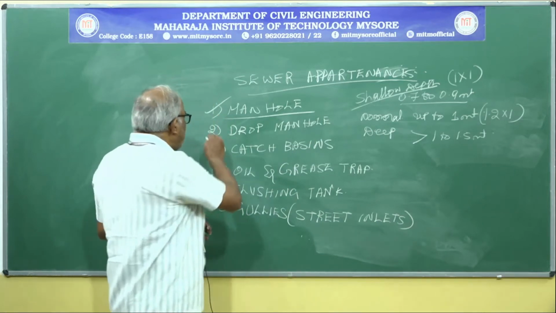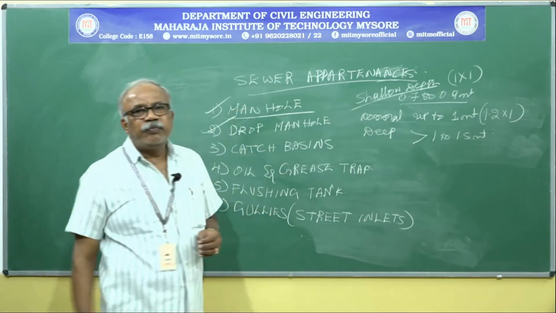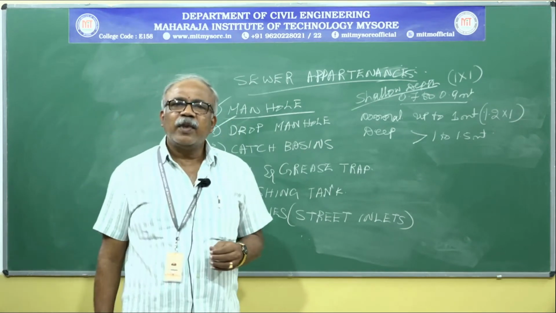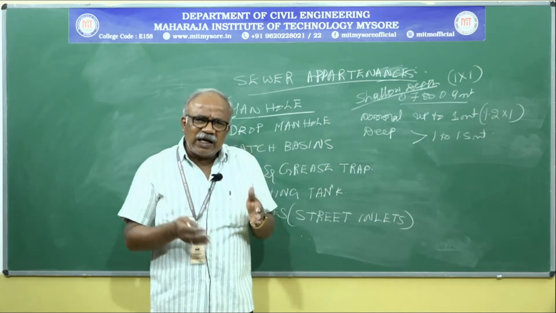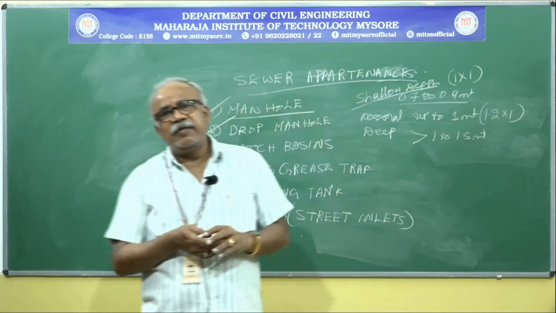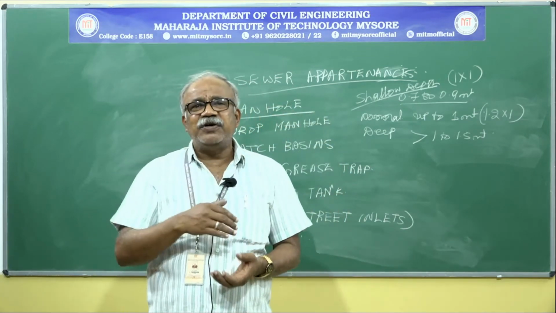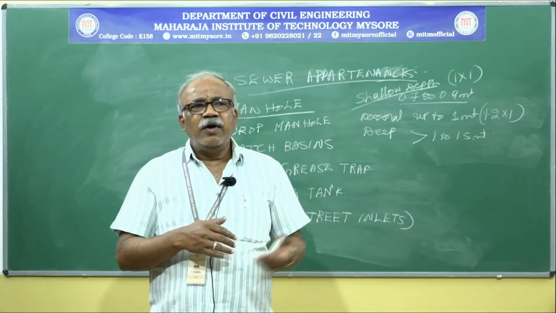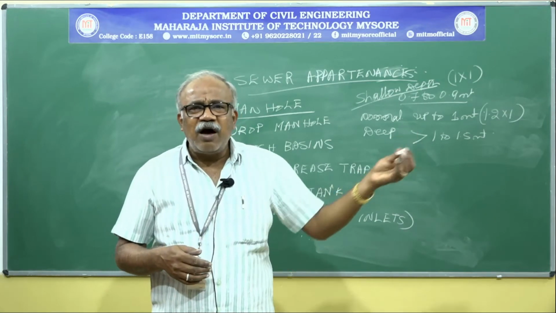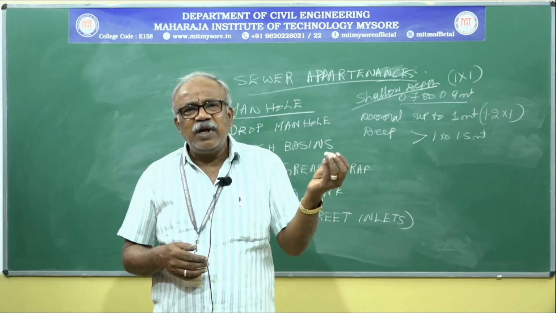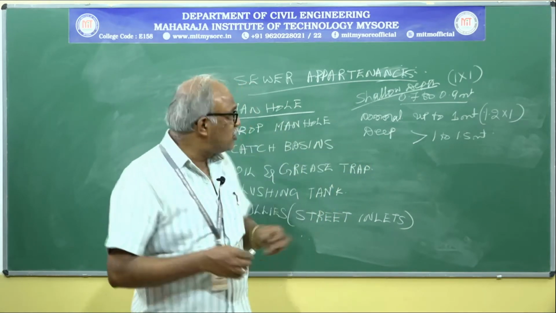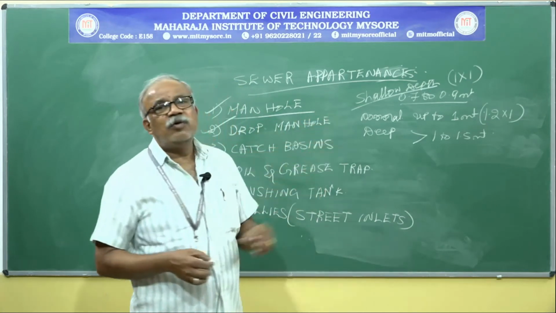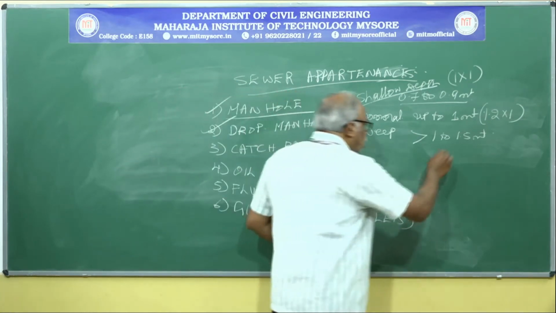Right. So, what do you mean by drop manhole? The drop manhole is where there is a change in gradient, change in elevation, where the small diameter sewer pipe is connected to the main sewer pipe. In that situation, the drop manhole will be provided.